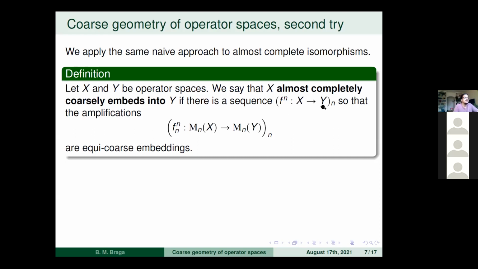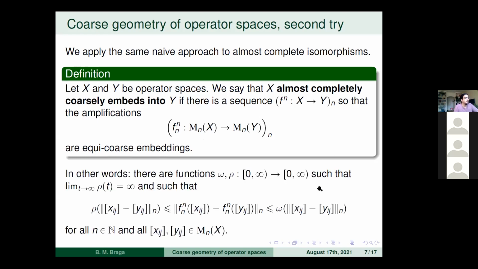We want a sequence of functions from X to Y such that this sequence of amplifications are equi-coarse embeddings. Here I'm just unfolding the definitions as well. What is this saying? For this map F_n, you have moduli omega and rho which do not depend on n, and you want rho to go to infinity as t goes to infinity, and you have this inequality over here happening for all n.